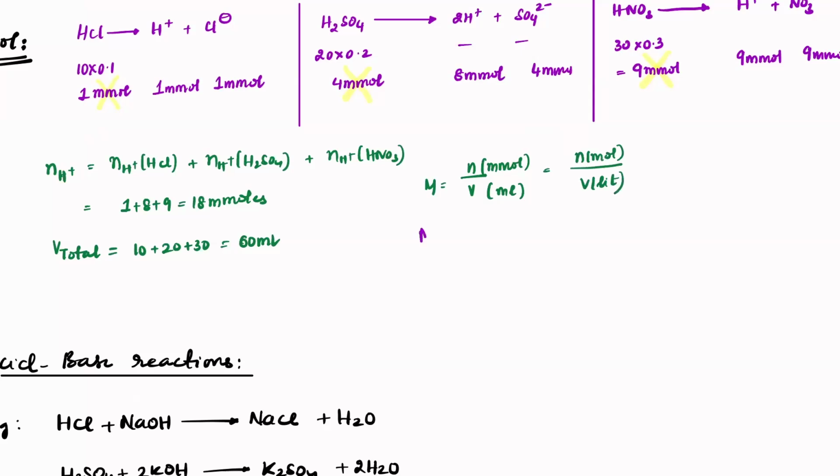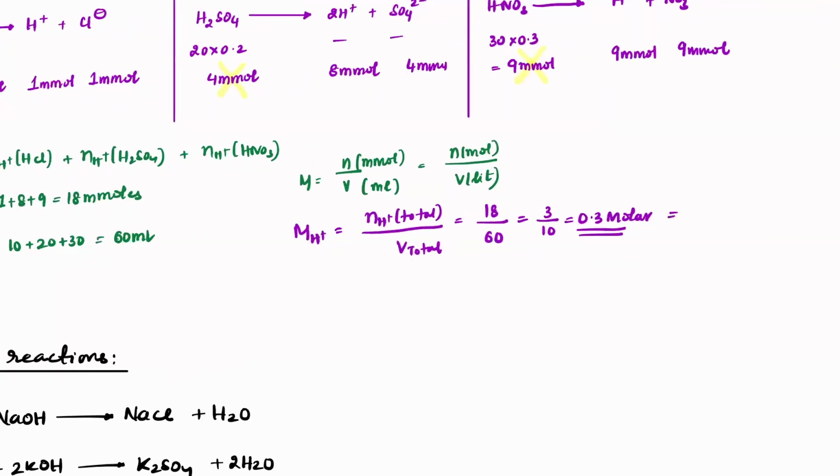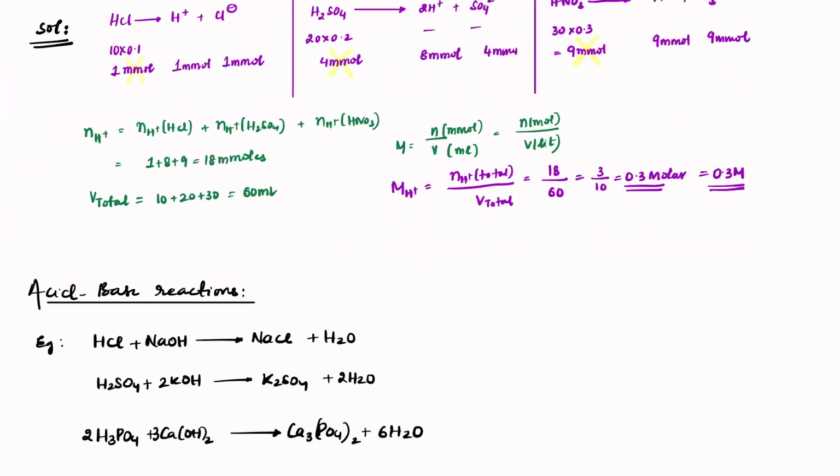Hence, I can write molarity of H plus will be equal to total number of moles of H plus upon total volume, which will be equal to 18 millimoles upon 60. Got it? Clear on that? So that will be 3 by 10, which is 0.3 molar. Or we simply write this as 0.3 M. So that would be the concentration of H plus ions.